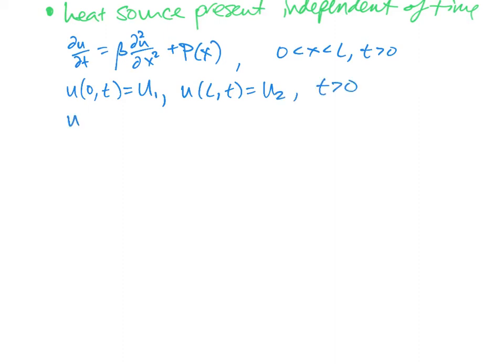And our initial conditions are basically the same thing. We have u of x,0 is some function of x. This is our initial boundary value problem.